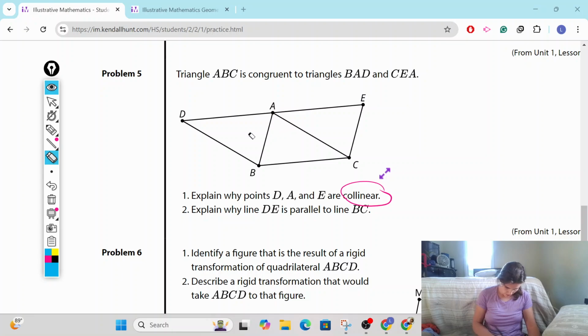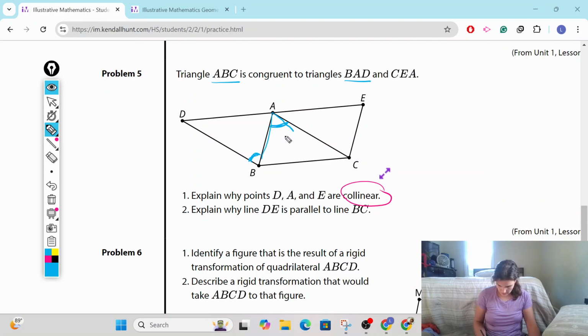We have this angle, ABC, and it's congruent to BAD. So this triangle is the same as that one. A would be the same angle as B. Does that make sense?